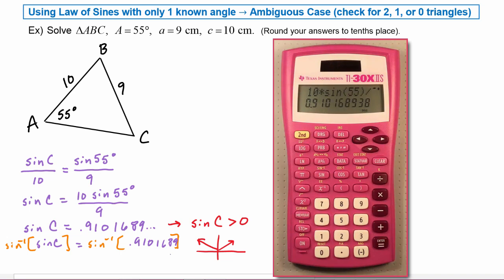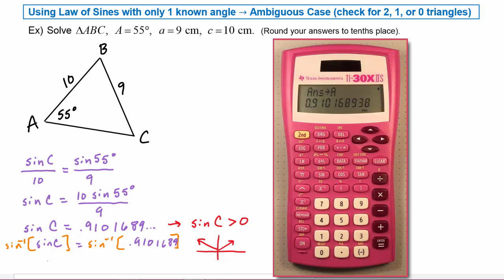Now my suggestion is you'll want to store that number in a memory location, so let's go ahead and store that in A. Make our next calculation a little bit easier.